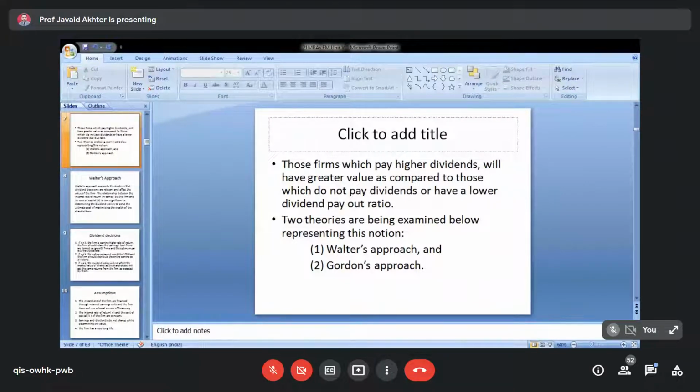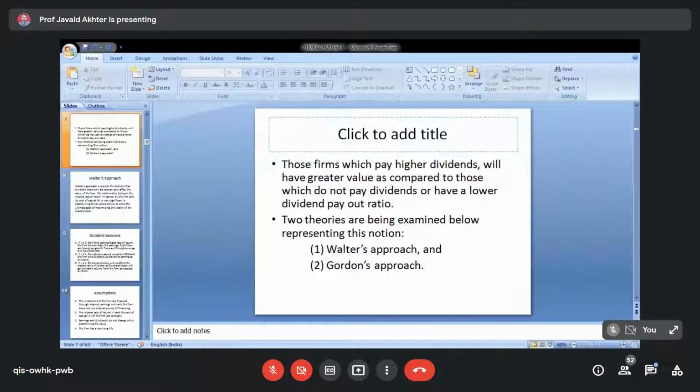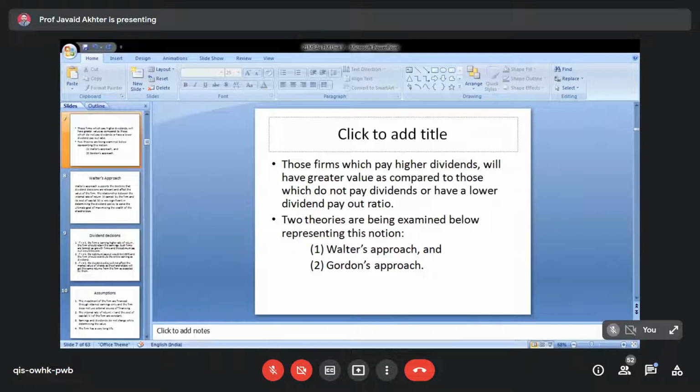Payment of dividend affects the value of a company according to some people, and according to others it does not matter. How it matters, how it does not matter will be explained to you. And also, if the company pays, what are the consequences? If the company does not pay, what are the consequences? So this is the brief summary of dividend.